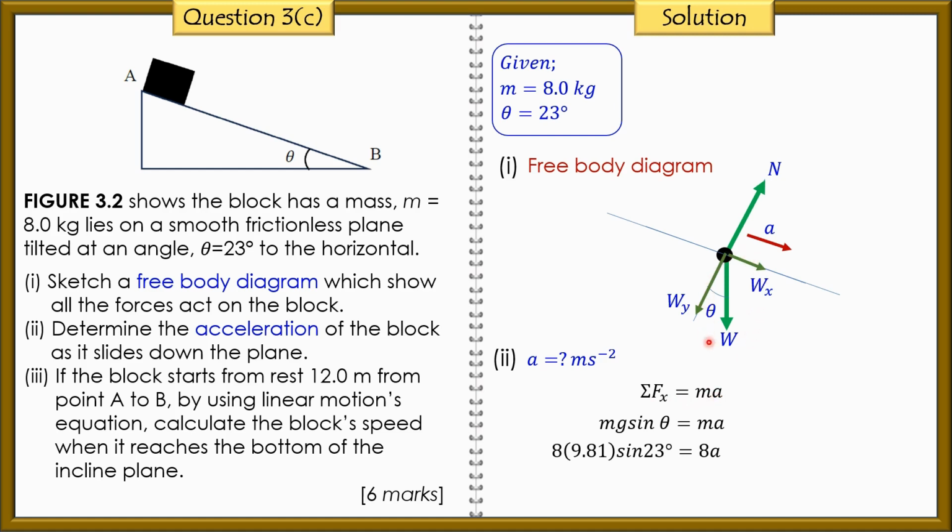If you look here, W is not at the x or y component, so we need to resolve W into Wx and Wy components. Wx is located at the x component, so Wx, which is mg sine theta, is equal to ma. You can substitute in the equation where m is 8, g is 9.81, theta is 23. So you will get that a is equal to 3.83 meter per second squared.